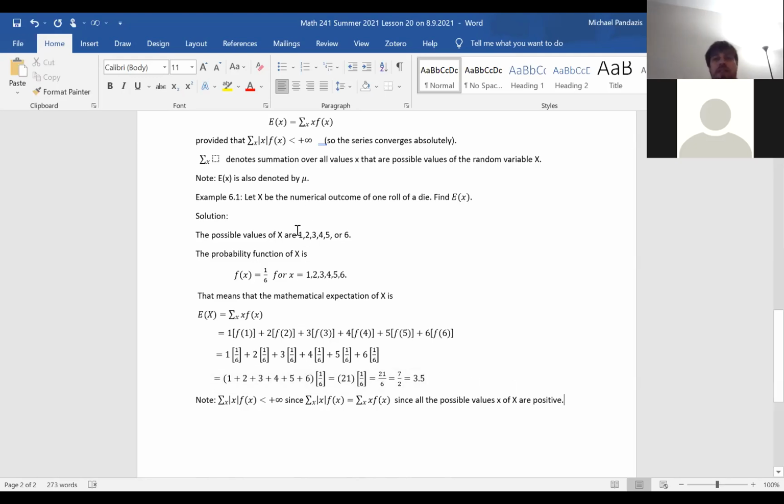Little x is only being considered as 1, 2, 3, 4, 5, or 6. And so when you take the absolute value of each of them, it's still x.